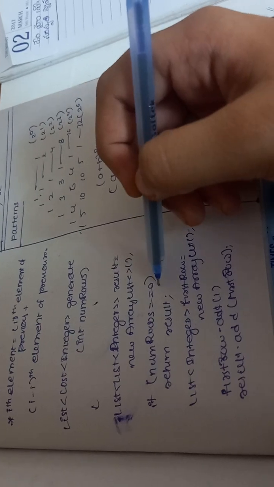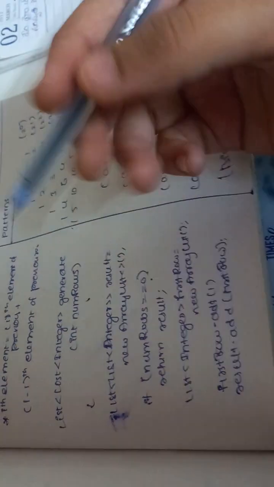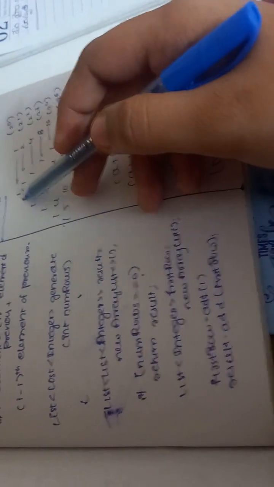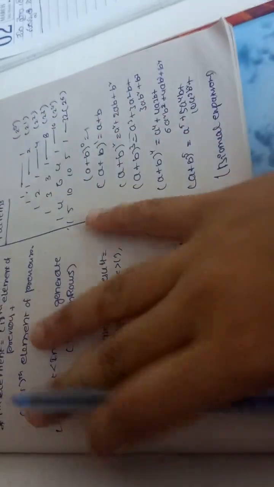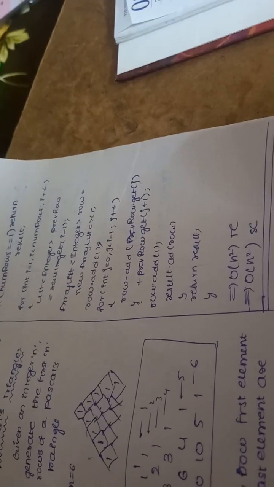If the given number of rows is equal to 0, then automatically return an empty list. Otherwise, take a new list, add the first row 1, and add it to the result set. Now if the number of rows is equal to 1, then simply return this result, and then start from the second row onwards. For int i equal to 1, i less than numRows.